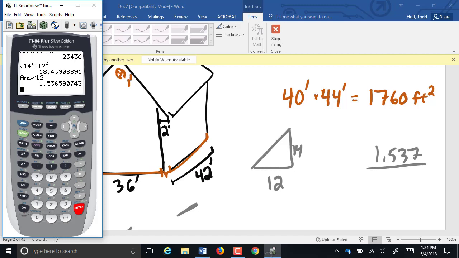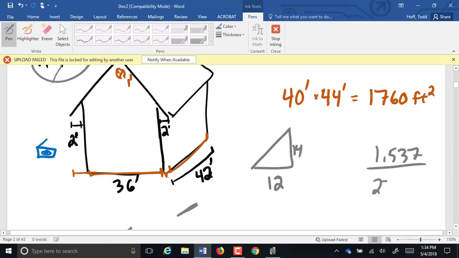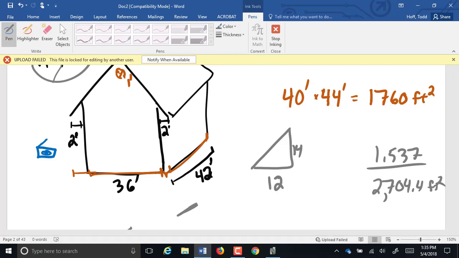So we just multiply that by the 1,760. So the total area of that roof is 2,704.4. So there, from the ground, without having to go up on that roof, you've got a pretty accurate estimate of that roof. Does that make sense?